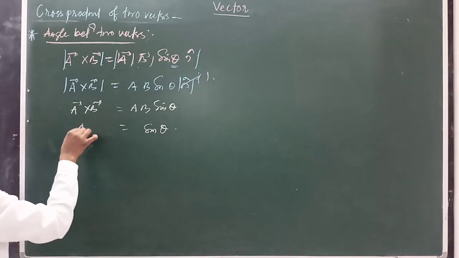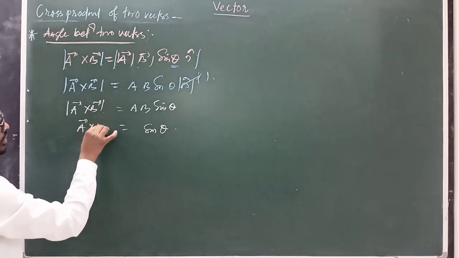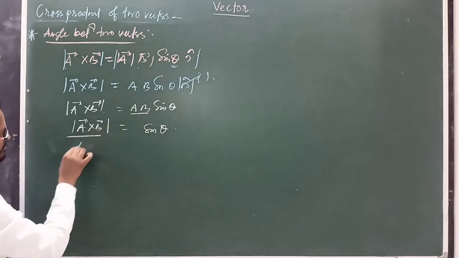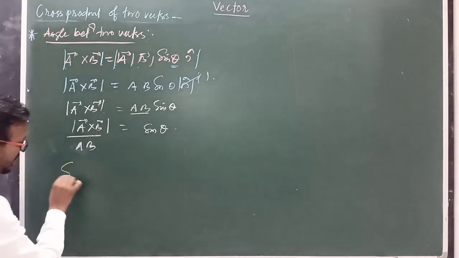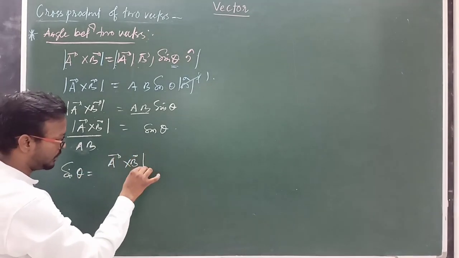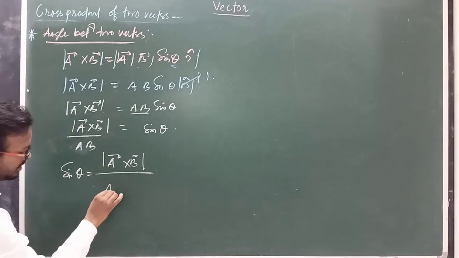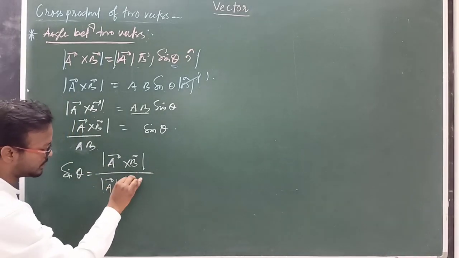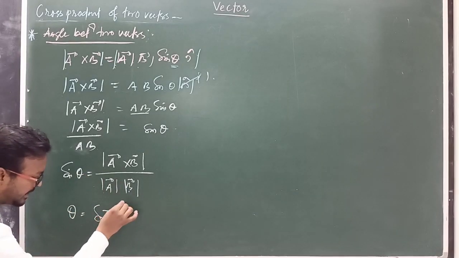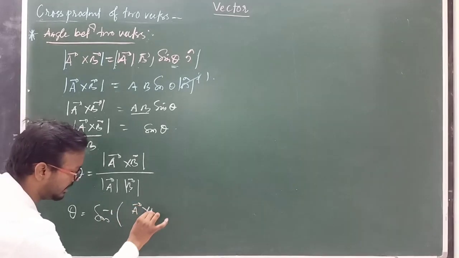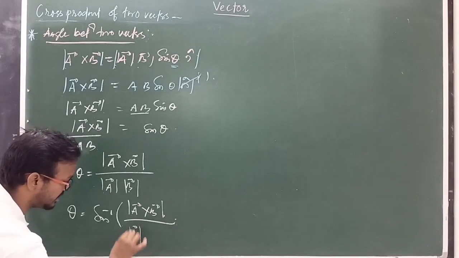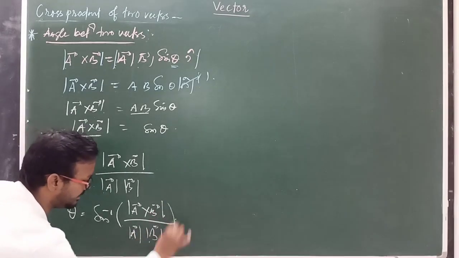So sin theta equals magnitude of A cross B divided by magnitude of A and magnitude of B, or theta equals sin inverse of magnitude of A cross B divided by magnitude of A and magnitude of B. Clear?